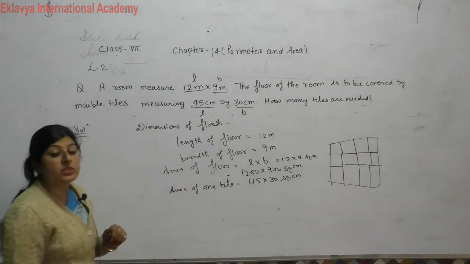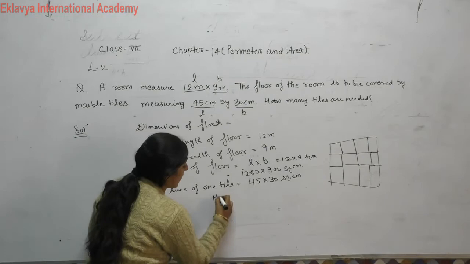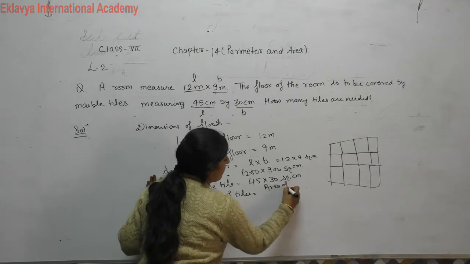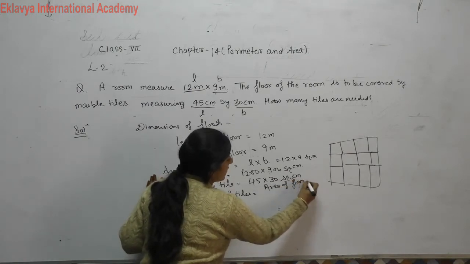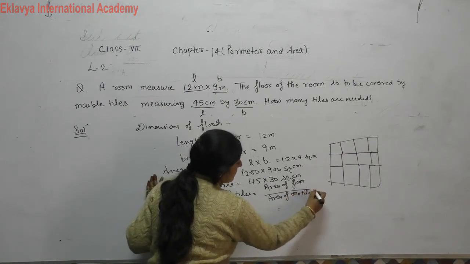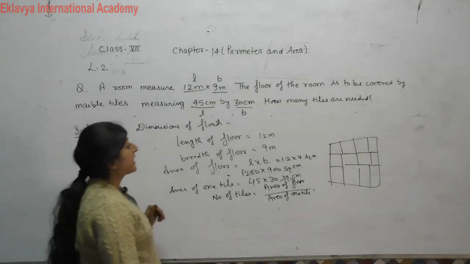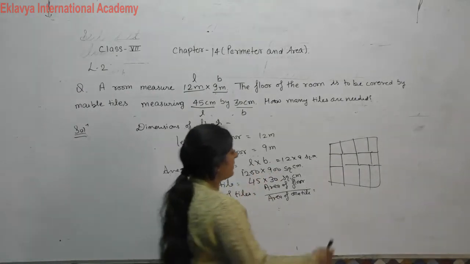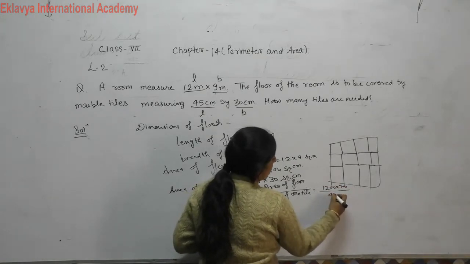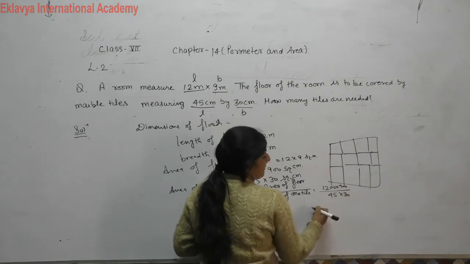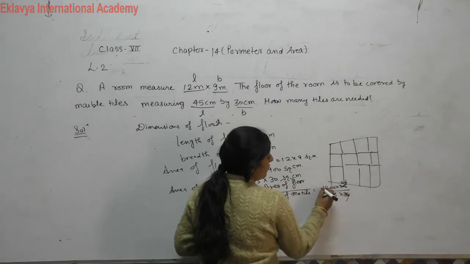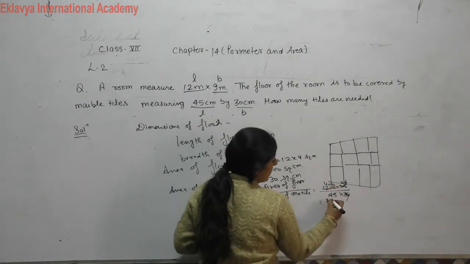We want to find out the number of tiles. Then the formula for number of tiles becomes area of floor divided by area of one tile, since we have put the tiles on the floor. Area of floor is 1200 multiplied by 900, and this one is 45 multiplied by 30. 45 twos are 90, the 20s cancel out, 3 fours are 12, 400, that is 800.